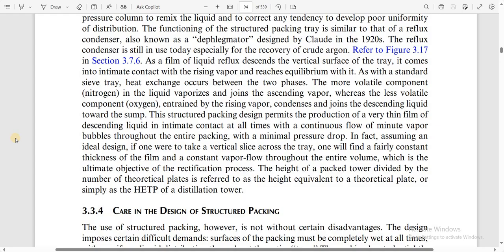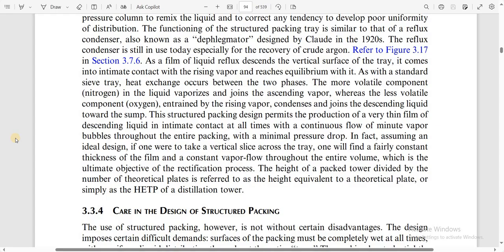In fact, assuming an ideal design, if one were to take a vertical slice across the tray, one will find a fairly constant thickness of the film and a constant vapor flow throughout the entire volume, which is the ultimate objective of the rectification process.